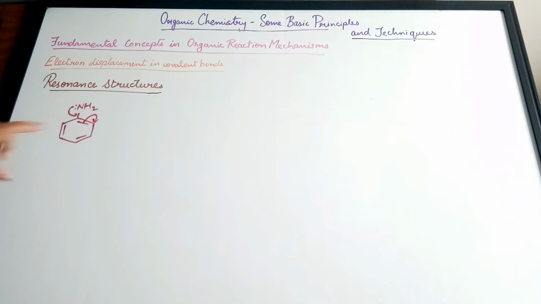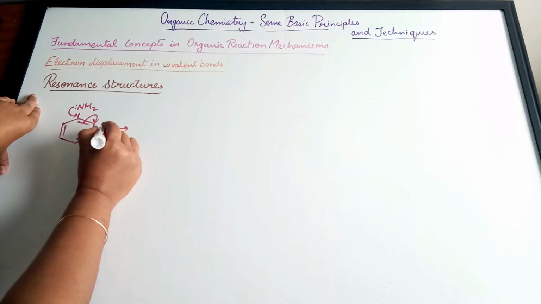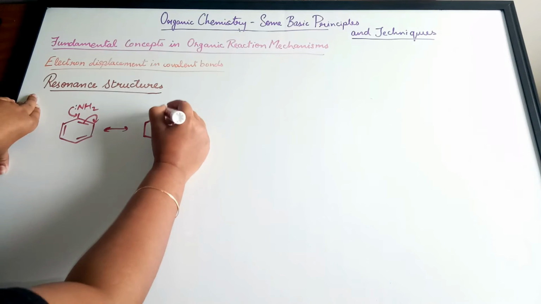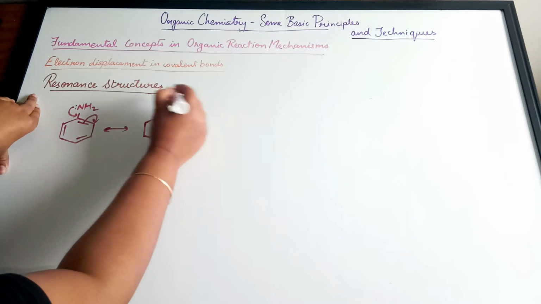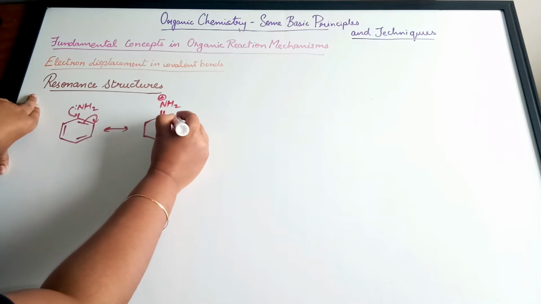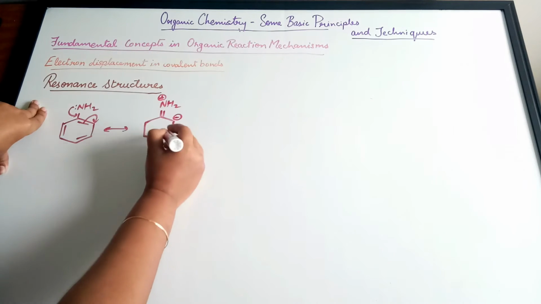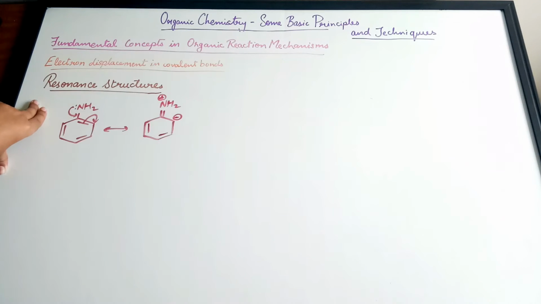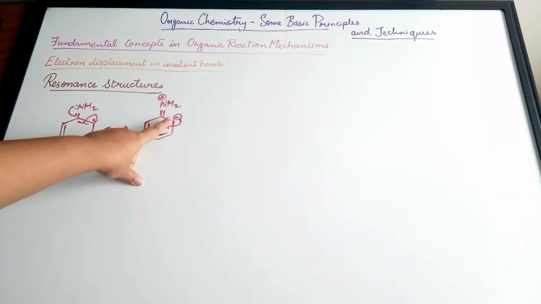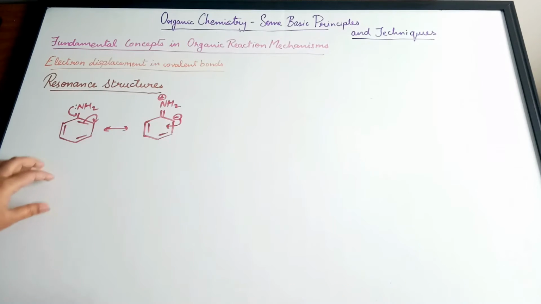This electron pair moves towards this carbon atom, and this leads to the formation of a double bond with NH2 plus, because it has a positive charge, and a negative charge on this carbon atom, and the other two bonds stay the same. Now this electron will come in here, and this will lead to the formation of a bond between these two, but the tetravalency of the carbon atom has to be maintained.